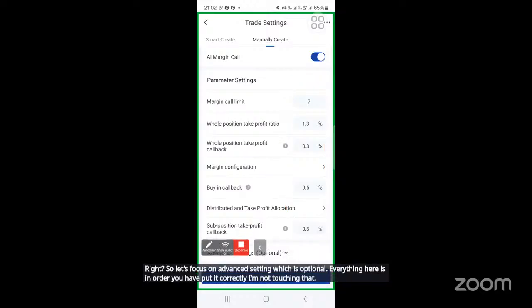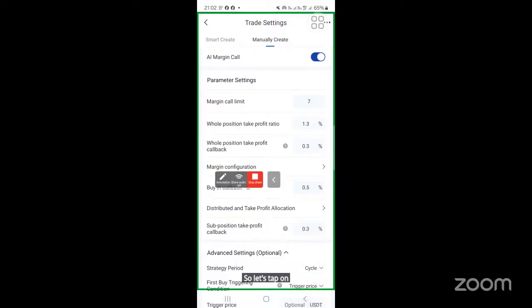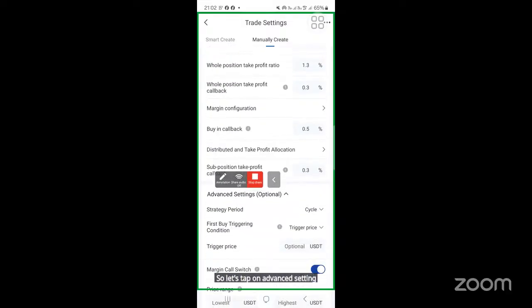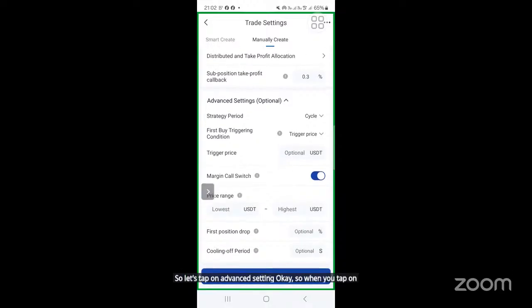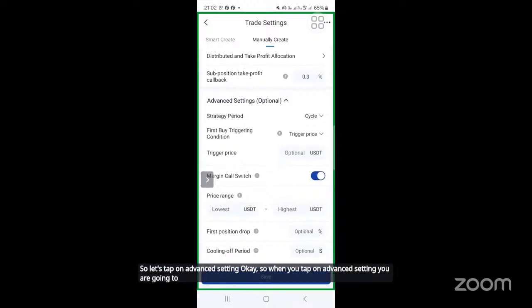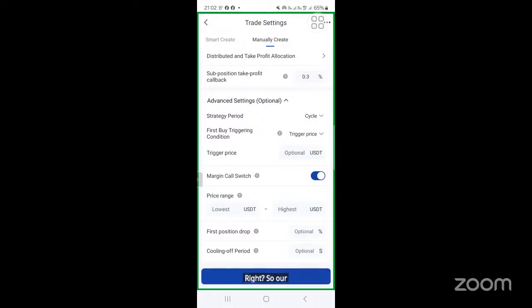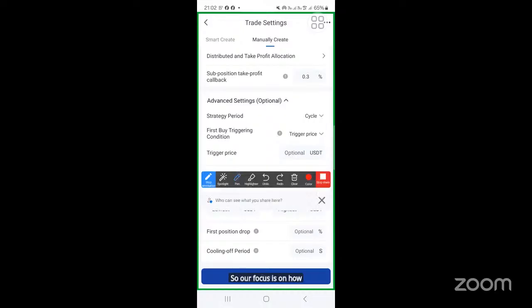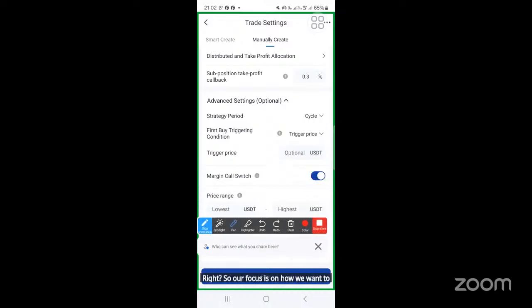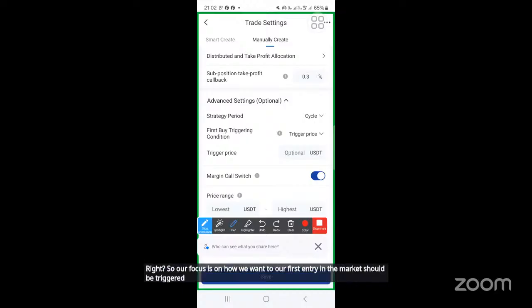So let's tap on advanced setting. When you tap on advanced setting, you are going to see an extra page that takes you further down. So our focus is on how our first entry in the market should be triggered.